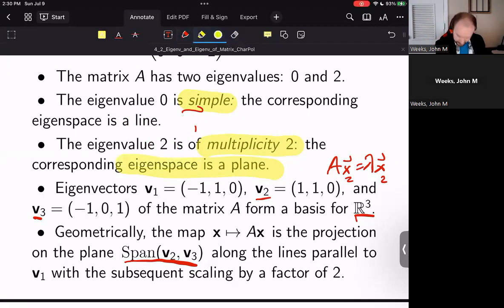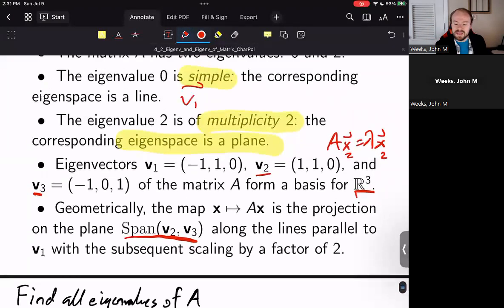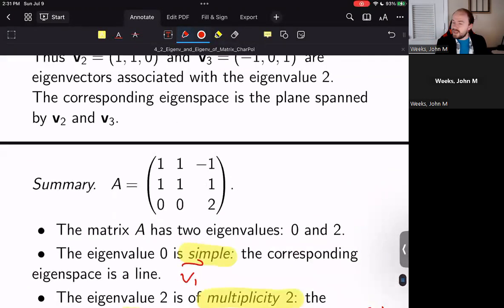So this is a way of geometrically giving us an understanding of what happens with this matrix. Even though this matrix, when we look at it, seems to spit nothing of this at us, we can use eigenvalues and eigenvectors to help us understand the geometry of this operator.